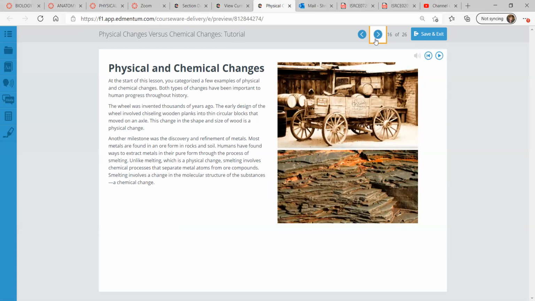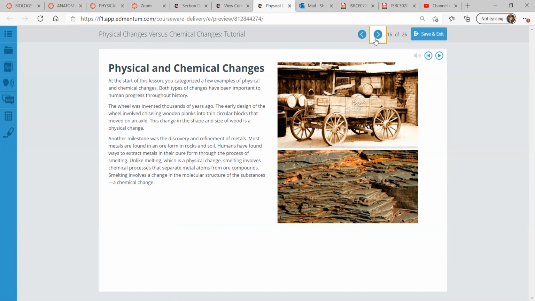And another milestone was the discovery and refinement of metals. Most metals are found in an ore form in rocks and soil. Humans have found a way to extract metal in their pure form through the process of smelting.